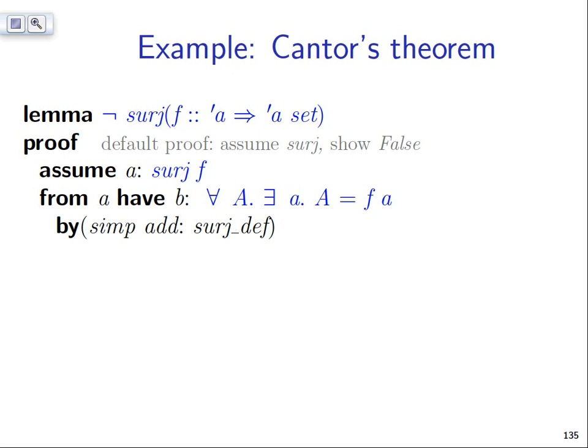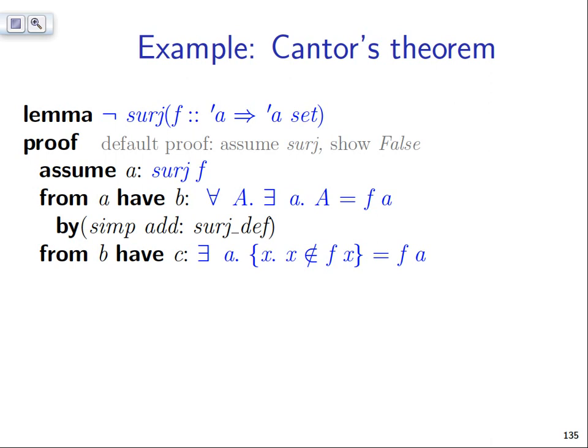So that's unsurprising. Now the next step may be a bit more surprising. From that statement B that we've just proved, I get a statement C, namely that there should be a little a such that this funny set here is the image of little a under f. Why can I prove that?